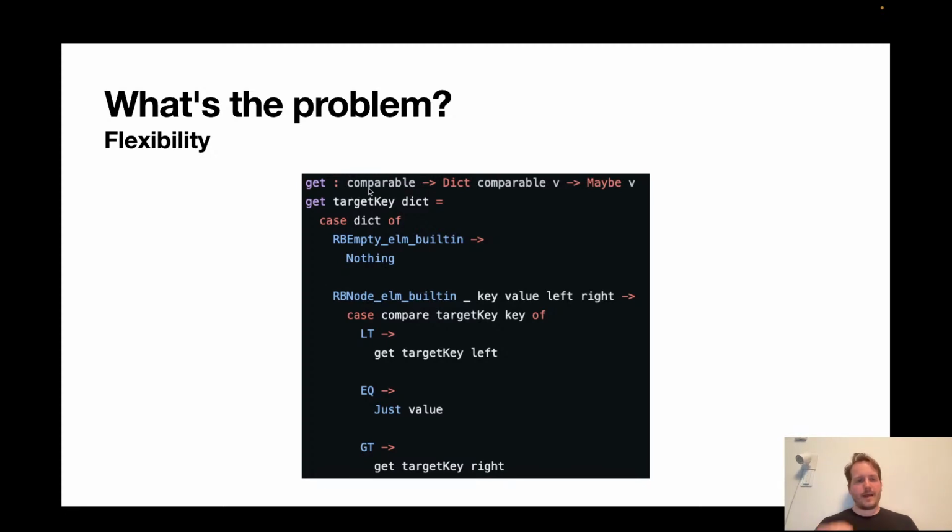But in Gren, and Elm for that matter, comparable is kind of like a magic type variable name that means you're actually having something that is comparable. And comparable in this context means that you can call the compare function on it. To be able to have a dictionary, you need to have the notion of comparability.